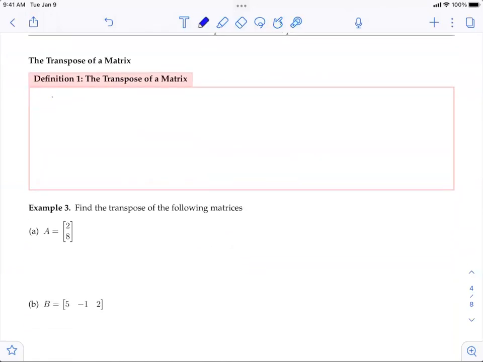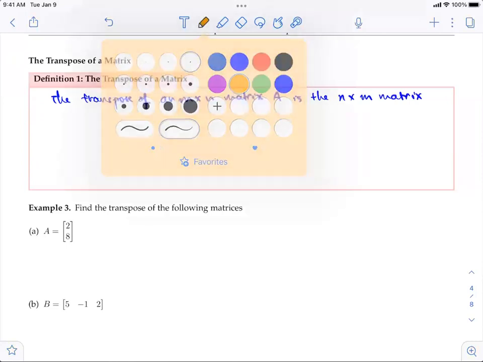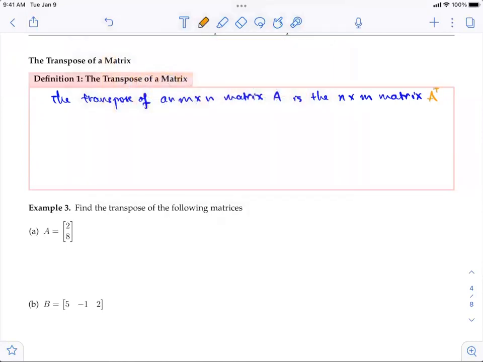The transpose of an m by n matrix A is the n by m matrix, denoted as A with a capital T on top.